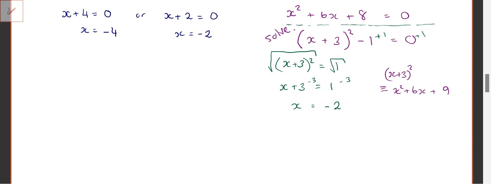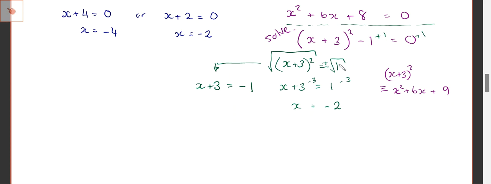At this bit, look, we said the square root of 1 is 1, but it's also negative 1, like Connor said. At this stage, this is the important bit, the square rooting bit, we also have a second option, which is x plus 3 is equal to negative 1. With the square root, we should always have a plus and minus square root.